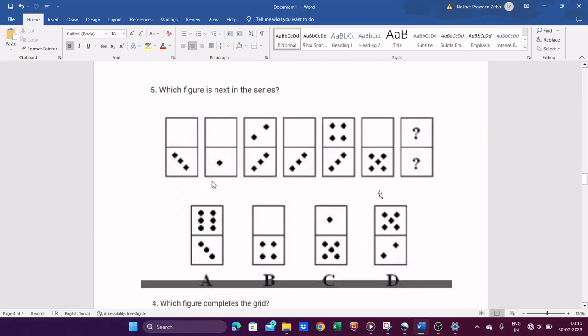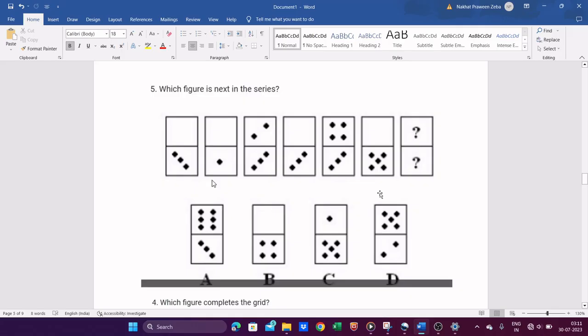Okay, next one is which figure is the next in the series? You can see three dots here like this, then one. I mean, dice are there, then two, three, and then four, three, five. So I think three, one, three minus one, two.